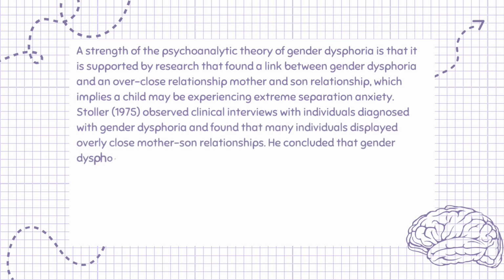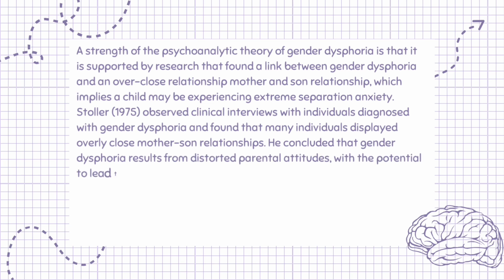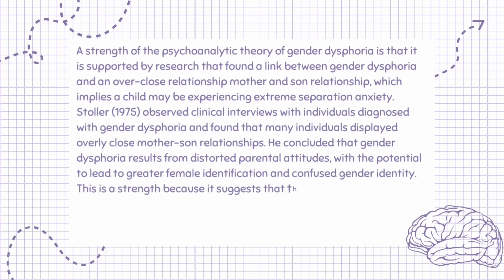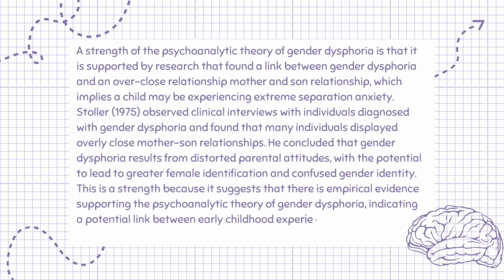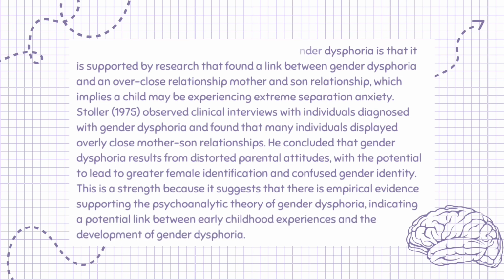He concluded that gender dysphoria results from distorted parental attitudes, with the potential to lead to greater female identification and confused gender identity. This is a strength because it suggests that there is empirical evidence supporting the psychoanalytic theory of gender dysphoria, indicating a potential link between early childhood experiences and the development of gender dysphoria.